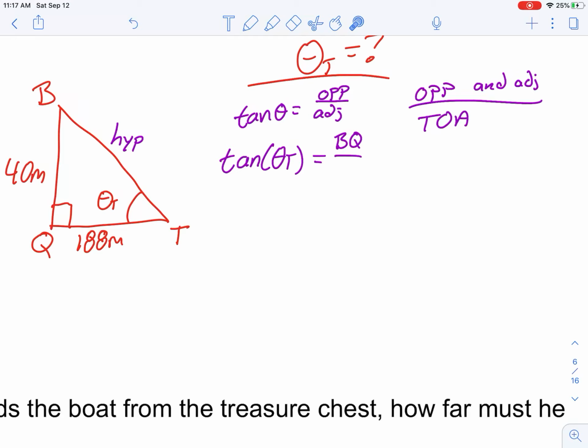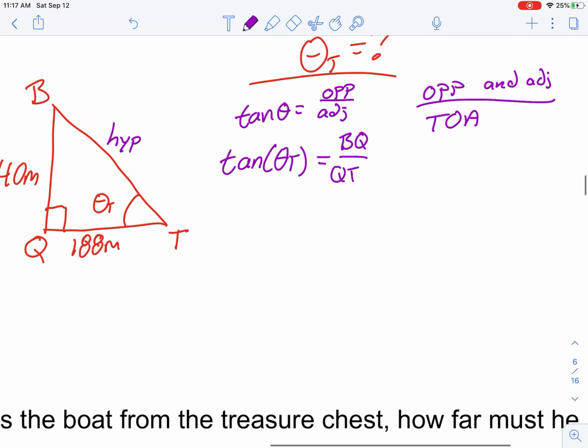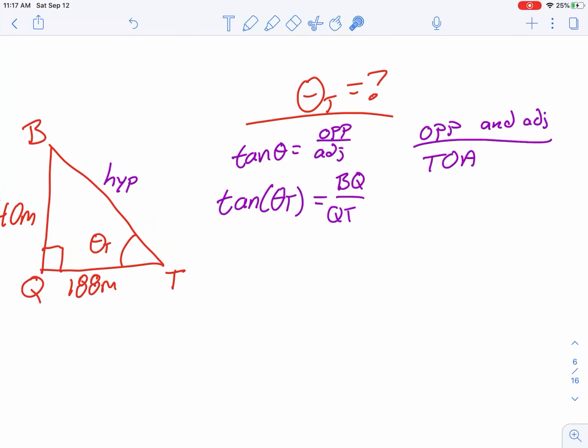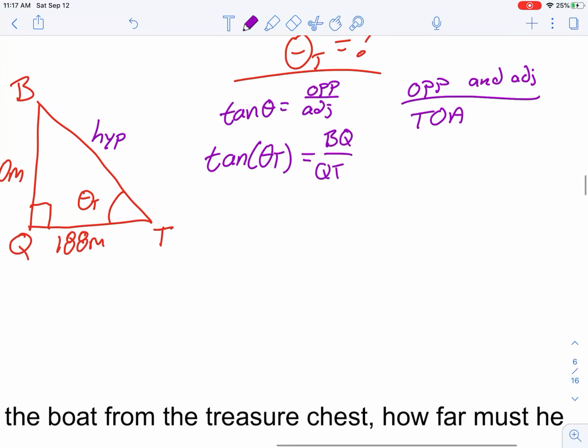What's the adjacent? Well, the adjacent here would be 188 meters. So that would be QT. So QT. And now we can plug in all the values we have. Remember, we're trying to solve for angle T.